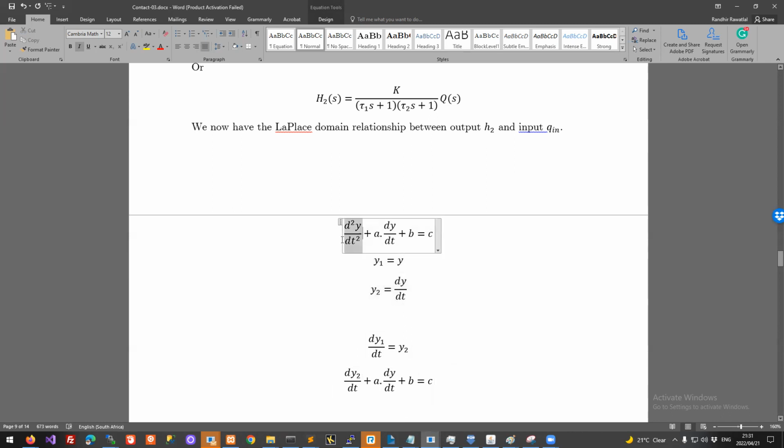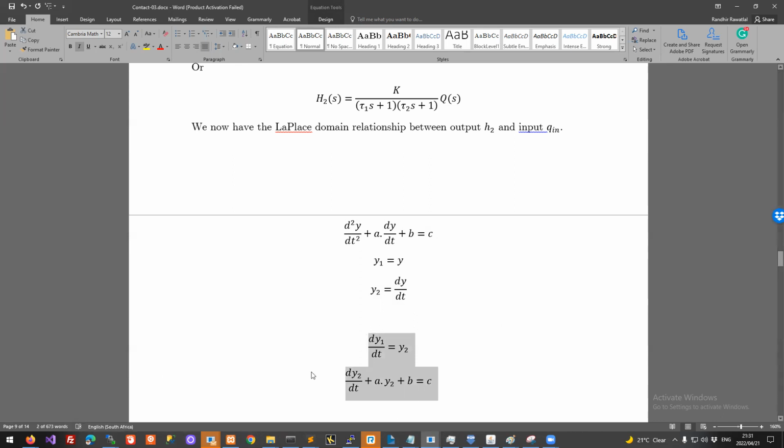So we can just replace the second order derivative by a first order derivative in y2. And that's basically the basis of the whole method. This dy dt is of course y2 by definition of y2. And there, now we have two first order differential equations.